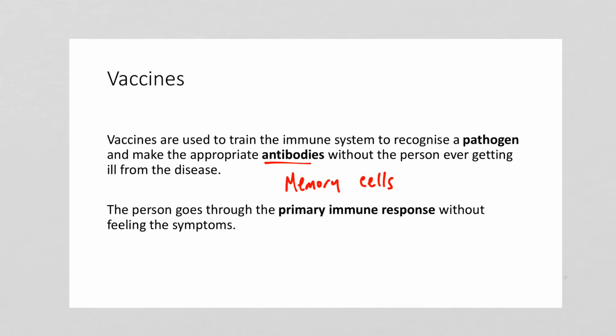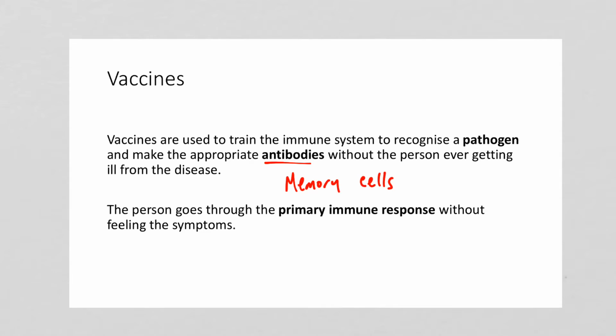And remember, it has to have a very specific shape so that it can attach to the antigen. Once you have those memory cells, you are effectively immune against that disease, because if the pathogen comes back, your body will be able to fight it off because it can quickly make the antibodies.